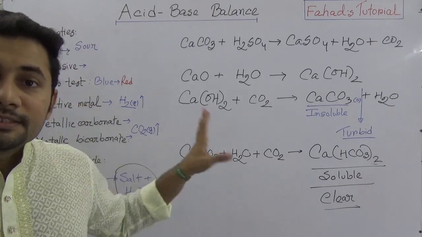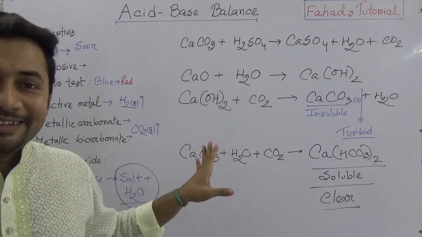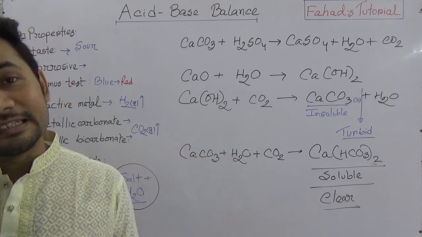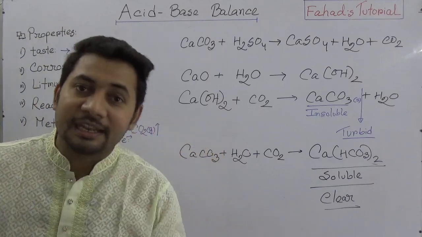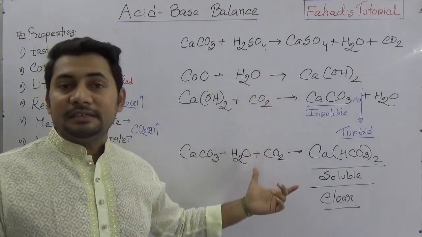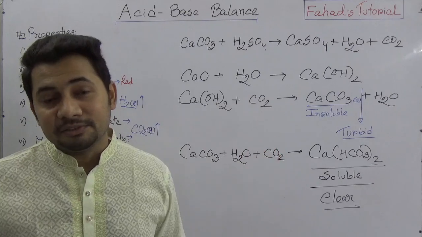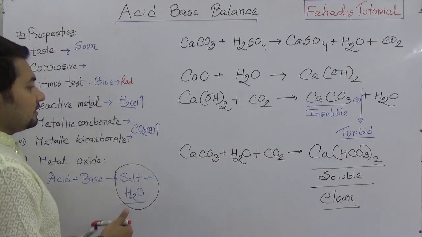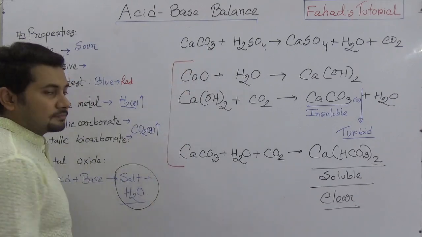This is very, very common and important. Please pay attention, if you are watching this tutorial right now. This is very common. It may come in your question paper, and you can answer using these three reactions.